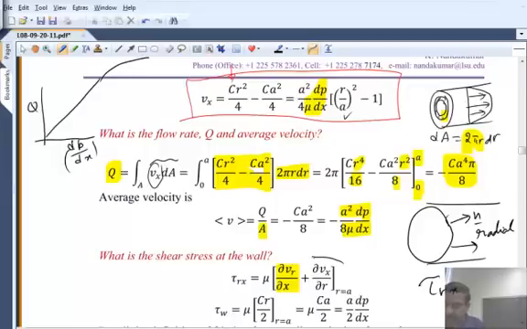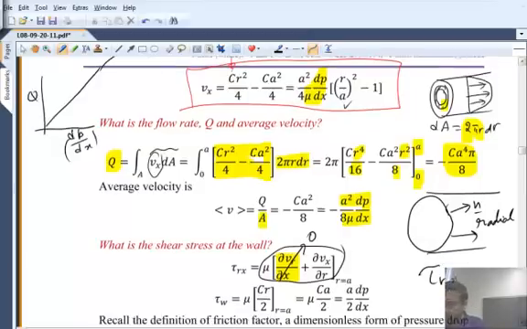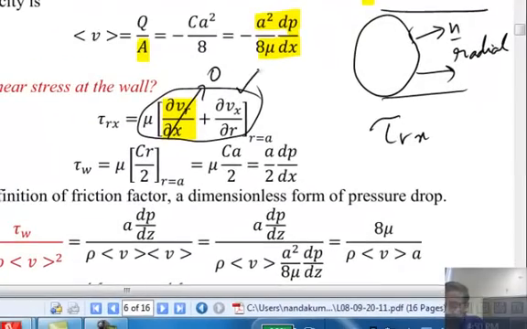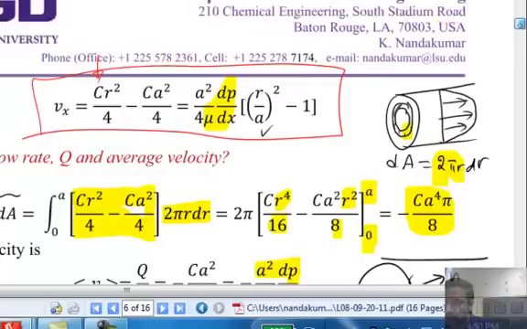You just look it up in the appendix. And here you notice that there is no vr. There is no radial component, because that's the assumption that we made. Okay. So we have only dvx dr, and you know the velocity profile, so you can calculate that. You can calculate the velocity gradient from this expression.